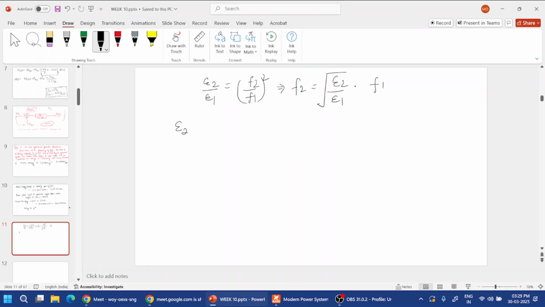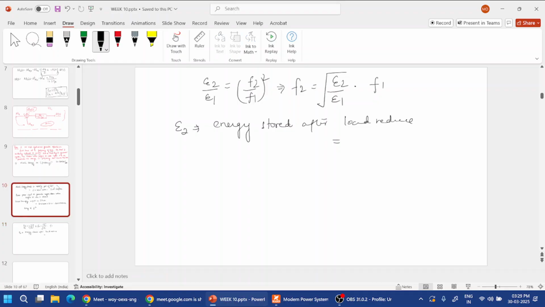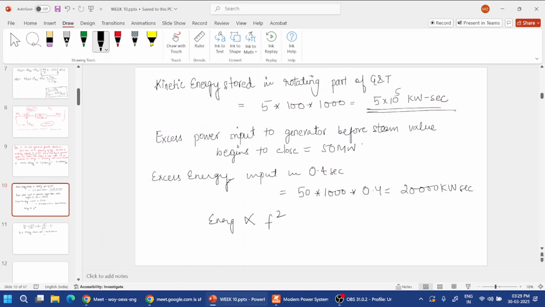Okay, what is E2? Energy stored after the load is reduced, which is, initially, energy stored in the kinetic is this much, then excess energy in the 0.04 second will be this much.